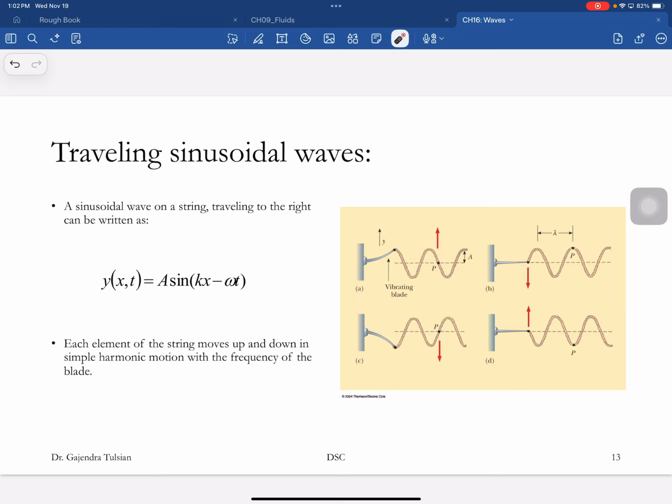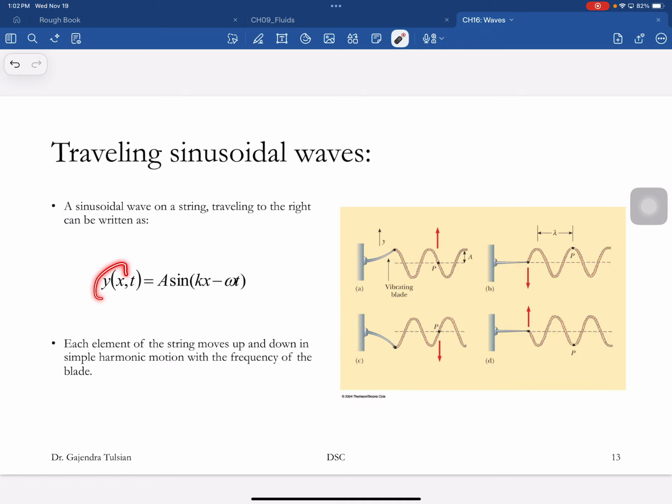So here's a function of both x and t. What that means is, for a given time, if you take a photograph, you see y, the displacement, changing with x. And then if you let time flow, you'll see that at each location, y is changing with time.